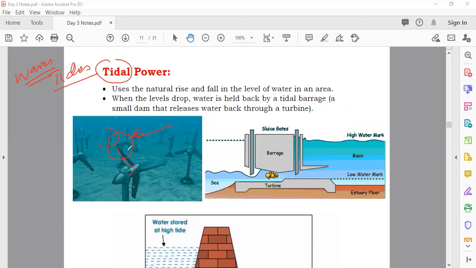This is one method. If you observe the sea, at which time are the tides high, in the daytime or in the night time? Night time. Even if you go to the sea in the day, you find the water leaves the beach and goes away, but as the night comes, it comes back to that place.